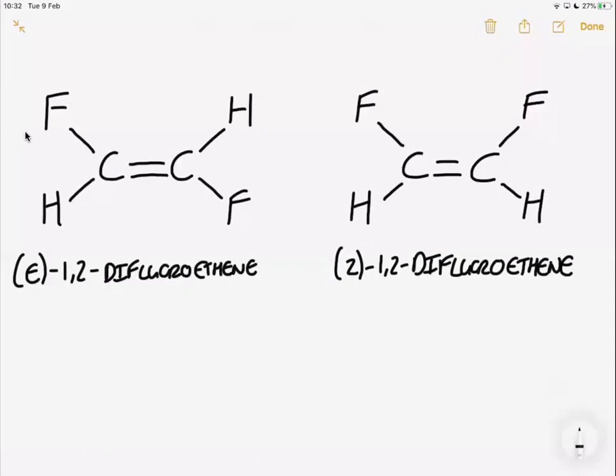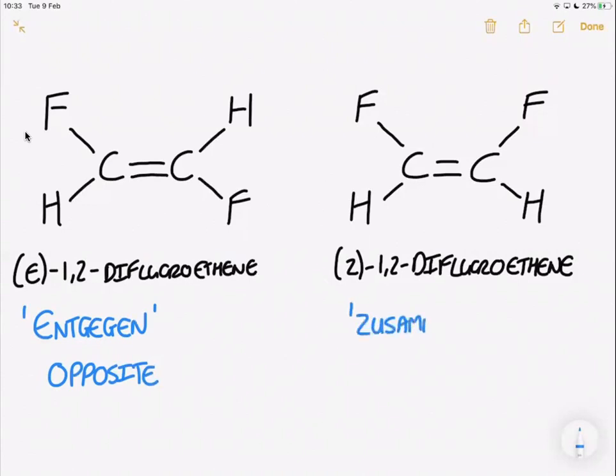An E isomer is called as such because the E stands for the German word entgegen, which means opposite. Z stands for zusammen, which means together.